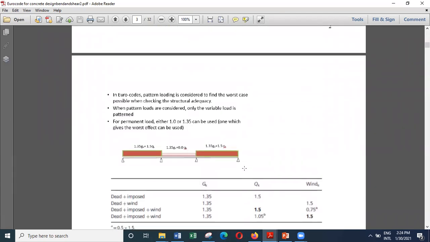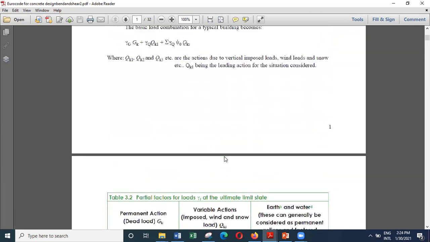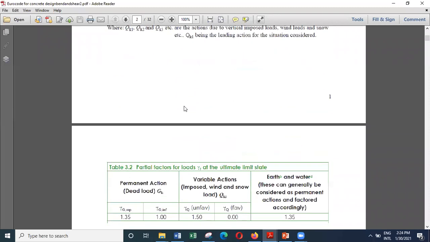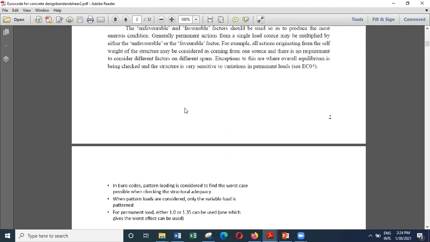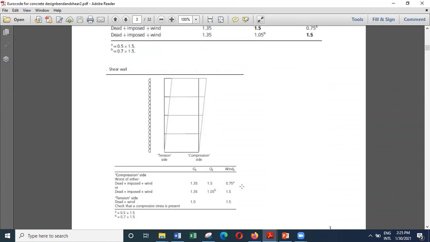And why you get 0.5 is because of this reason. For wind loads, phi naught factor is 0.5. And if you look at this equation, you can see we have to multiply the secondary variable action by phi naught. So that is one of the load combinations.